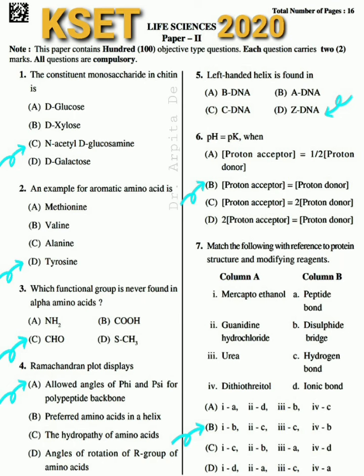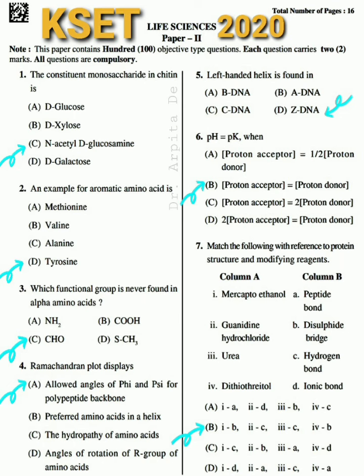Question number 6. pH is equal to pK when option A, proton acceptor is equal to half of proton donor. B, proton acceptor is equal to proton donor. Option C, proton acceptor is equal to twice proton donor, and option D is twice proton acceptor is equal to proton donor.